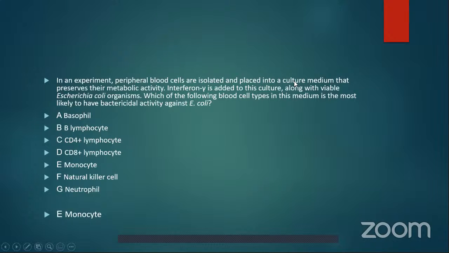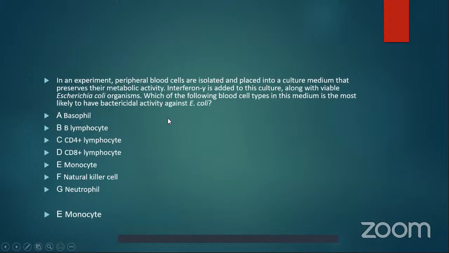Basically, the T lymphocyte will produce more of interferon gamma, which is going to activate the monocyte macrophage lineage. So that's what we studied just now. And therefore, in this particular scenario, it will be monocyte because specifically they have given interferon gamma being added to the culture of E. coli.